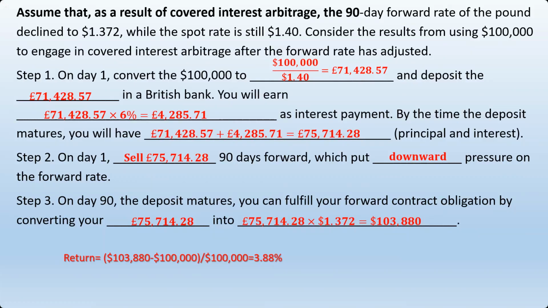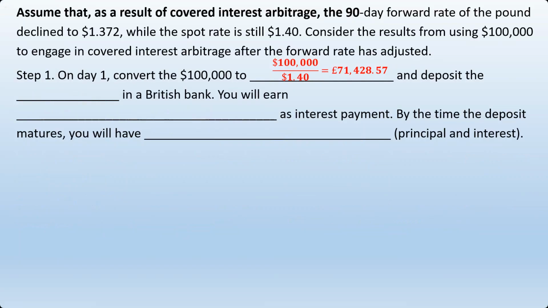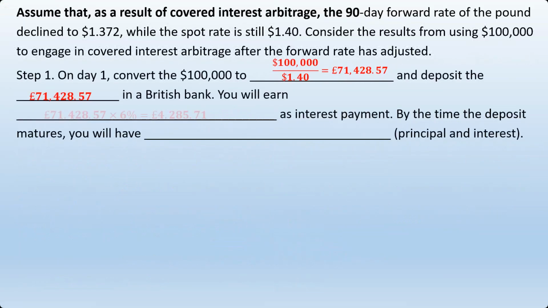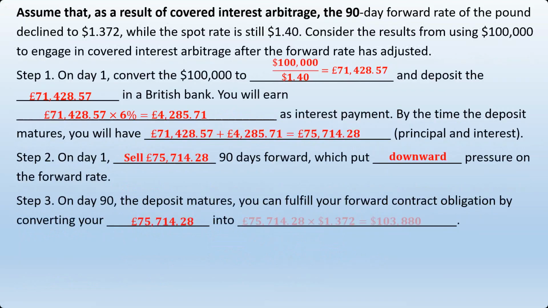Yes, why? Oh, wait, sorry, that's fine. I want to give you a little bit more information. The US interest rate is 2%. The covered interest arbitrage return is 3.88%. Okay, yeah, so they will keep doing it? Yeah. What's the reason? Higher.